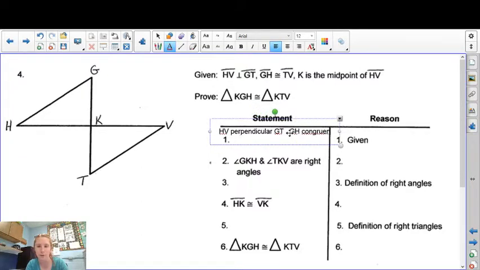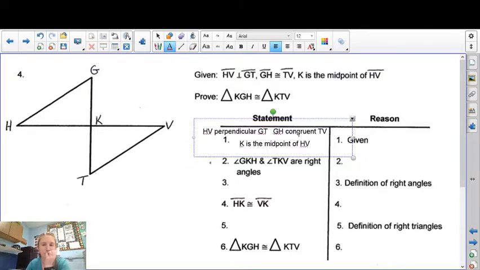GH congruent TV. HGTV. Sorry. Oh, come on, that was funny. And I've got that K is the midpoint of HV. That was too hard. I got it. We're good.